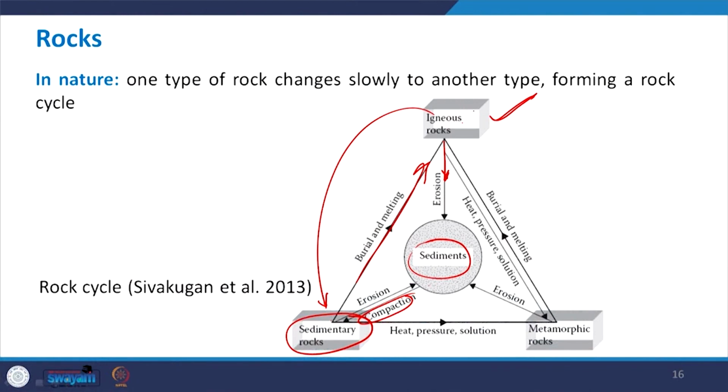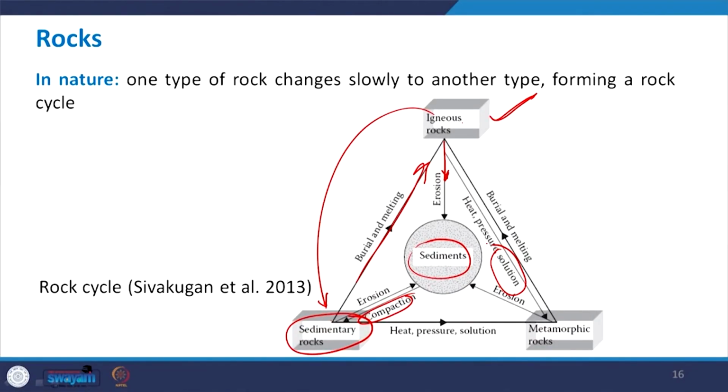Now come on to this side. Say igneous rock is there and it is subjected to heat or pressure or both of it, or some kind of chemical weathering, it is subjected to some kind of a chemical solution. Then what will happen? You know how the metamorphic rocks are formed.